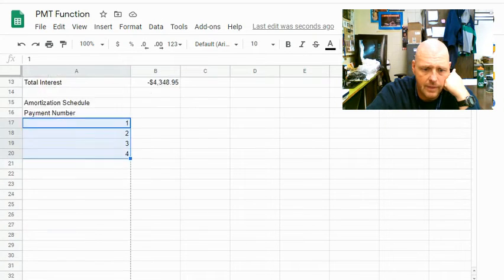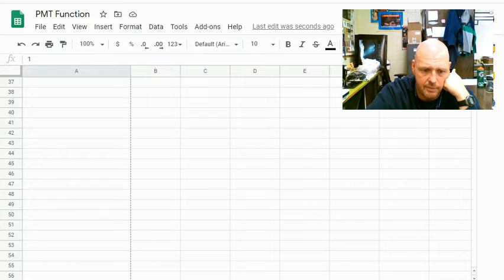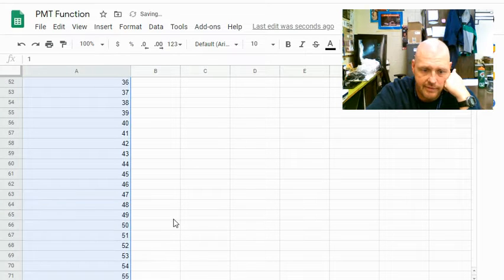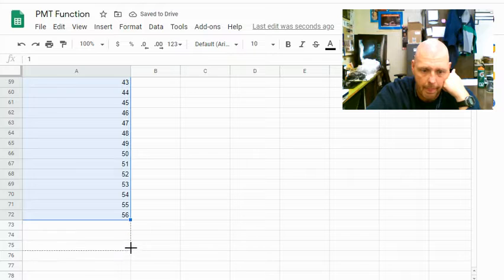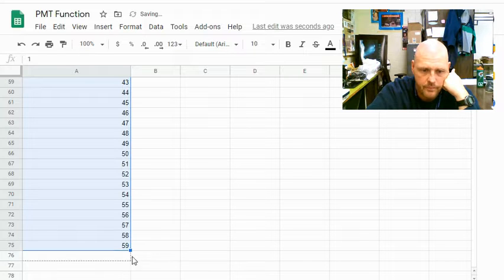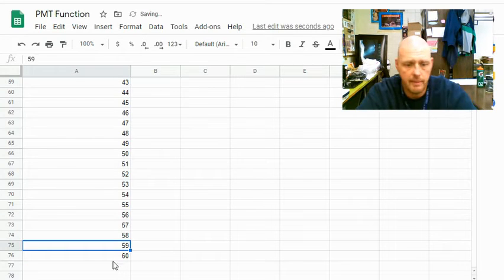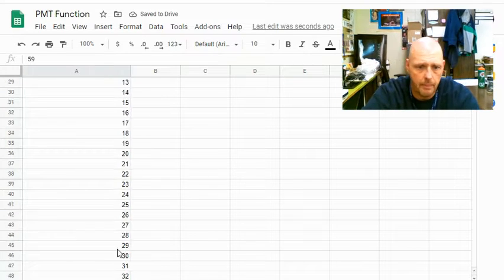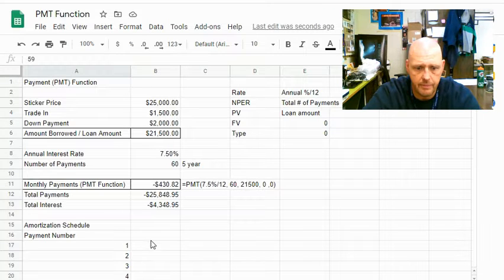So I'm going to go ahead and fill handle it down until I get to 60 payments. Why 60 payments? Well, because that's the length of my loan. So I get all 60 of my payments figured out, and now I need the rest of my facts.